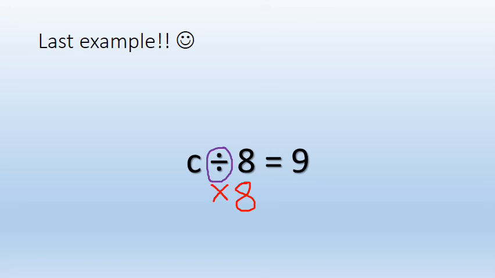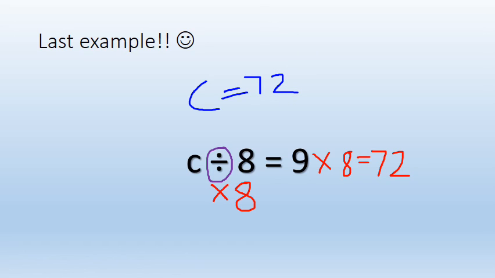Right, times 8. So 9 times 8 equals 72. Write our variable, c equals 72. Finally, we say 72 divided by 8 and see if it really does equal 9. It does, so we found the right answer.